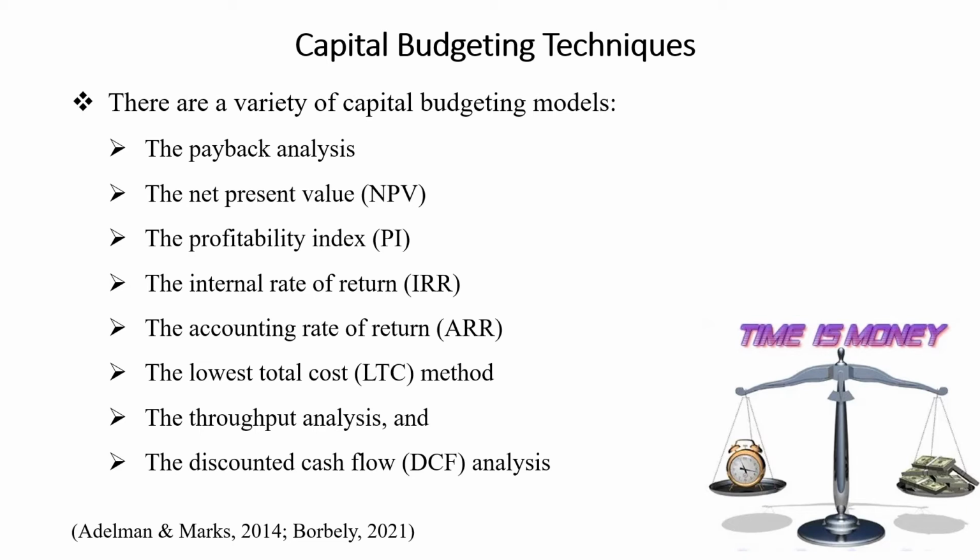Capital budgeting techniques. There are a variety of capital budgeting models, some of which are the payback analysis, the net present value (NPV), the profitability index (PI), the internal rate of return (IRR), the accounting rate of return (ARR), the lowest total cost (TC), the throughput analysis, and the discounted cash flow analysis.